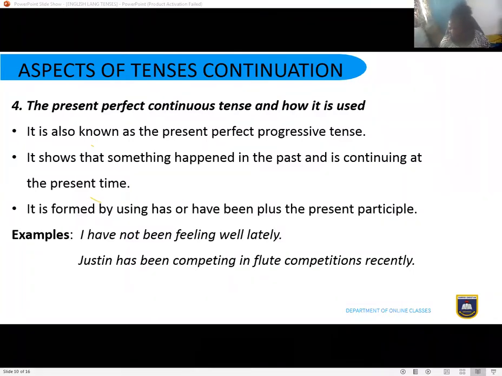Okay, Cindy. Now can you give me the aspects under the present tense? What are the aspects that we have under the present tense?